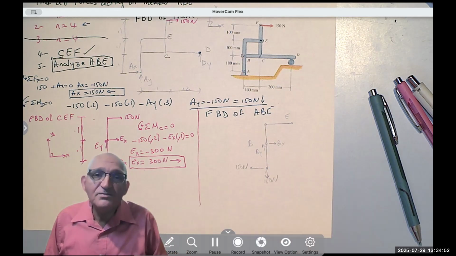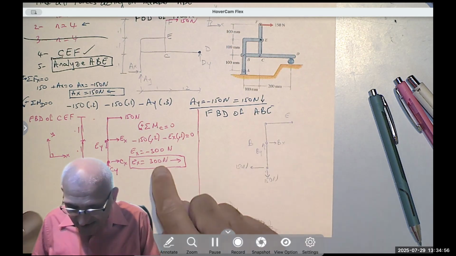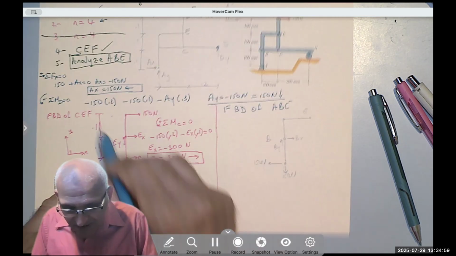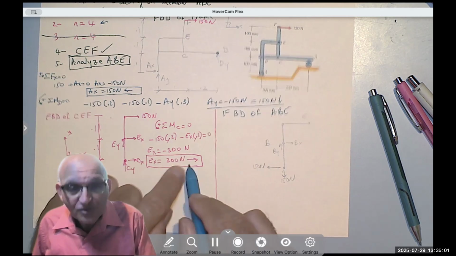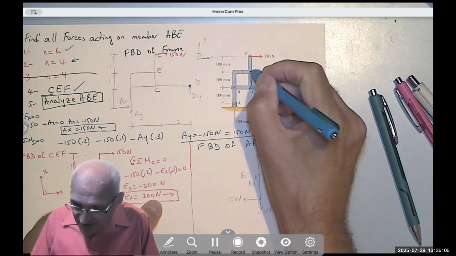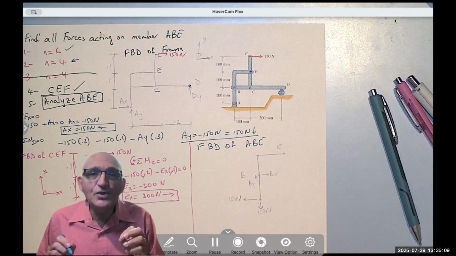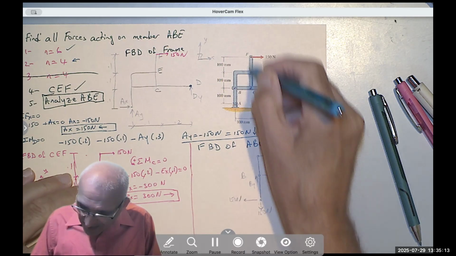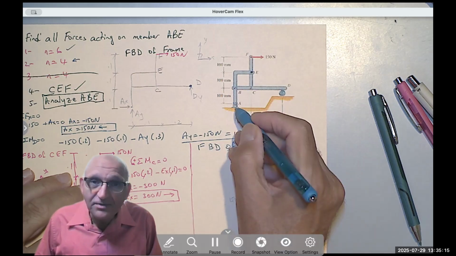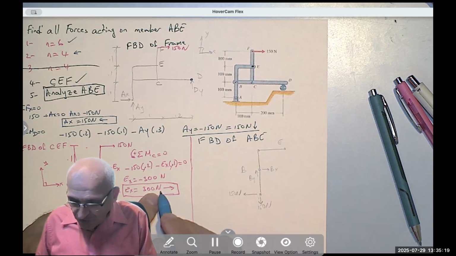Here is the most important thing. I found EX that is acting on member CEF and it's pointing to the right. There is another EX. Notice at E there is a pin, and inside the pin there are two equal and opposite EXs, one acting on this member and one acting on that member. We found the one acting on this member is 300 Newton to the right.